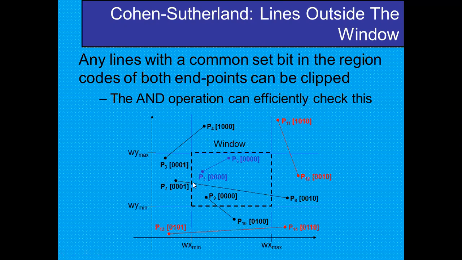Here, both this portion and this portion lie outside, so we need to clip. In these two lines we take the decision with the help of the AND operation. Here the code is 0001, here 0010, and we apply the logical AND operation, and then we can check.